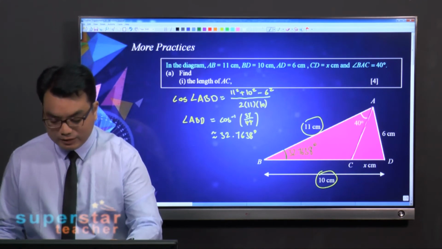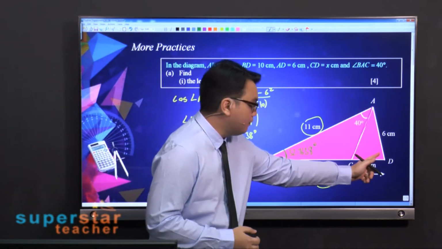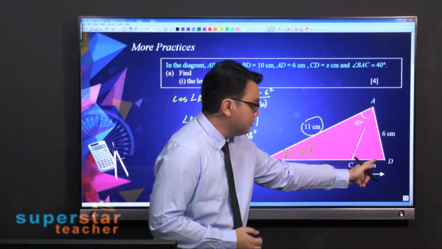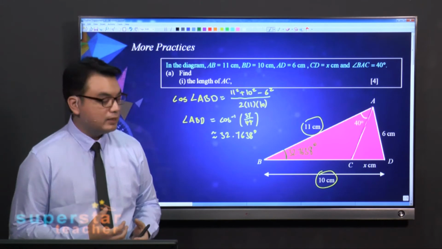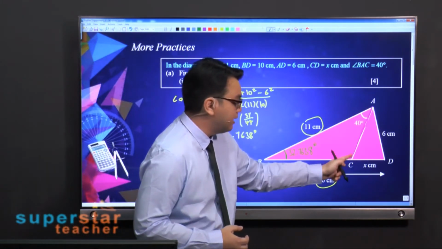The next thing I will do is to find this angle over here. So I will have to use cosine rule again. You just look at the bigger triangle, you just neglect this line AC.